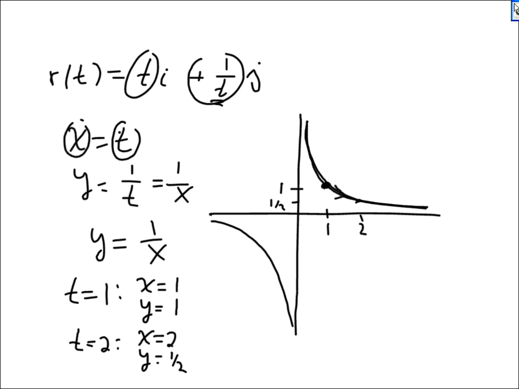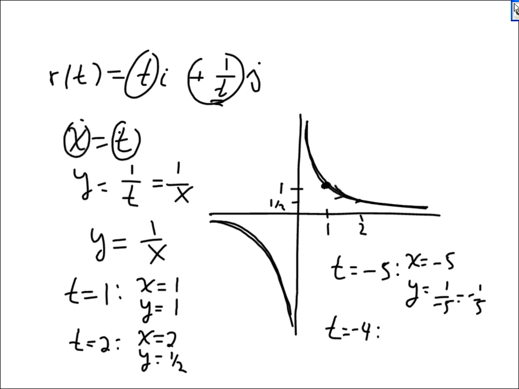But what about the bottom left piece? What if, say, t is negative 5? Well, then x is whatever t is, and y is 1 over what t is. Y is negative a fifth. Okay, let's let t get bigger. Let t be negative 4 or negative 3.